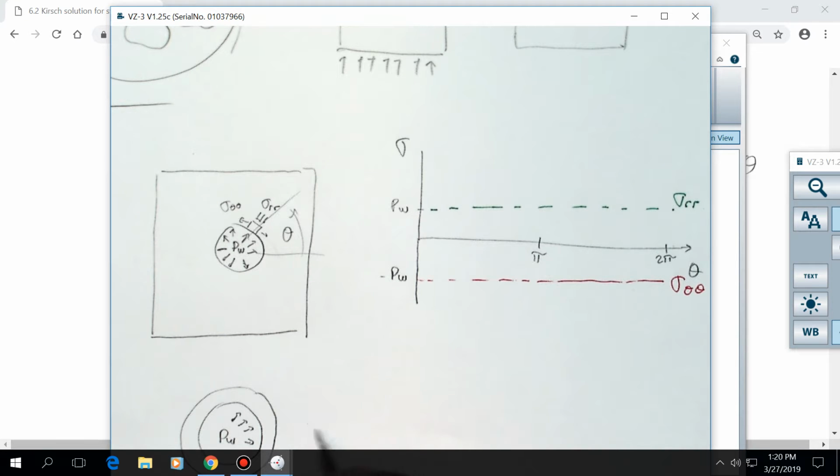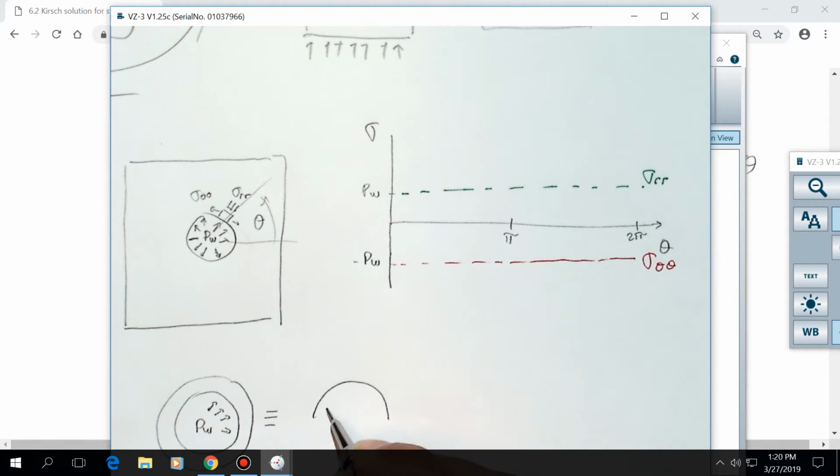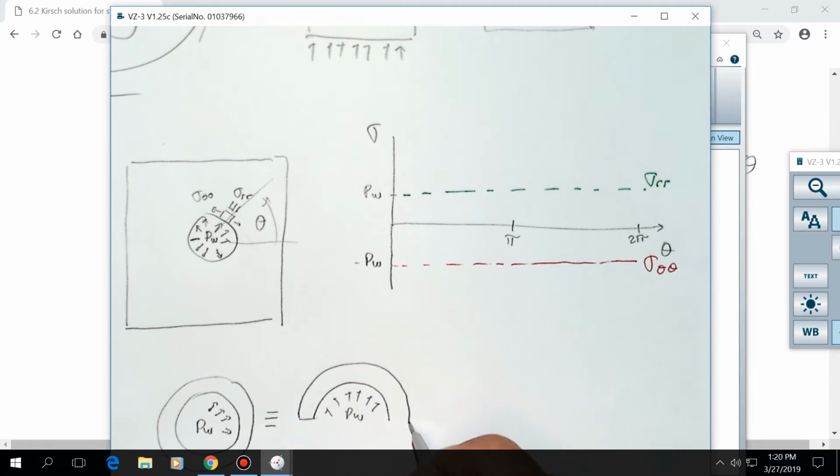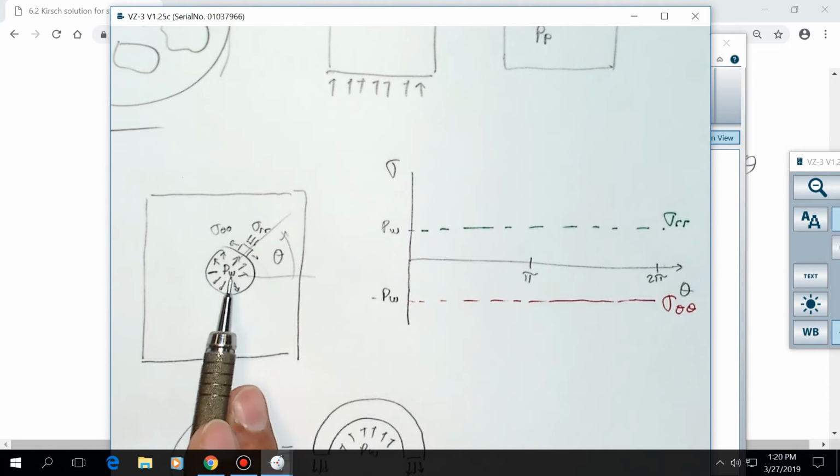And in order to counteract this pressure, around the pipe, you need tensile stresses that keep the pipe together. And it's very similar in this case.